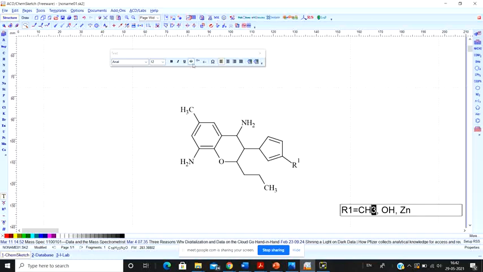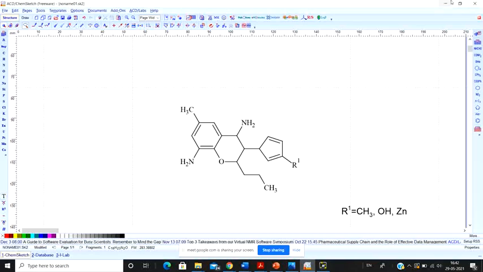So R1 stands for CH3 or OH or zinc. So I don't need to draw multiple structures. I'll simply mention R1 and I'll mention the variations that might be possible. Okay, so these are also things that you can actually perform.